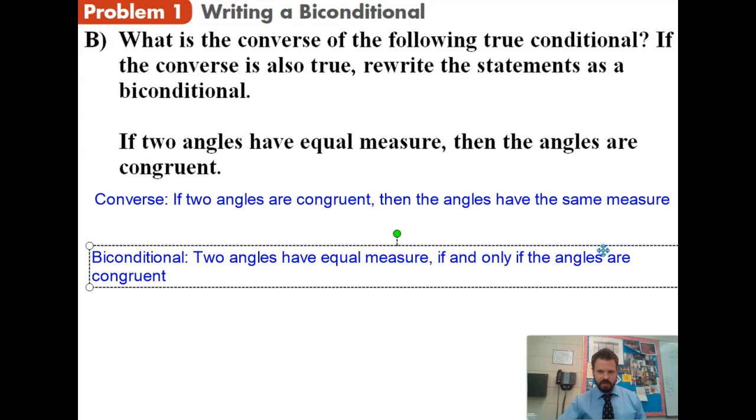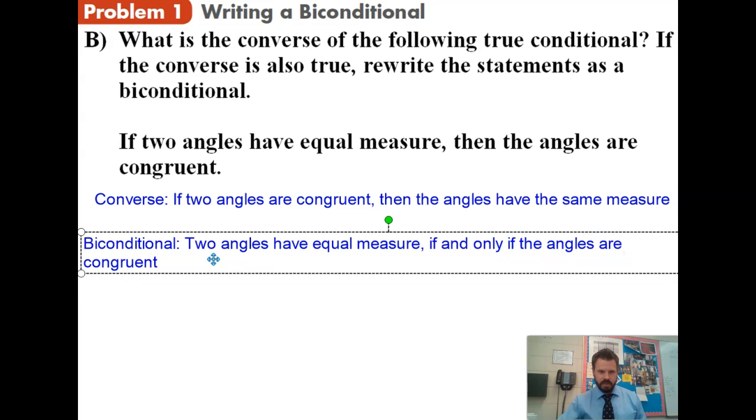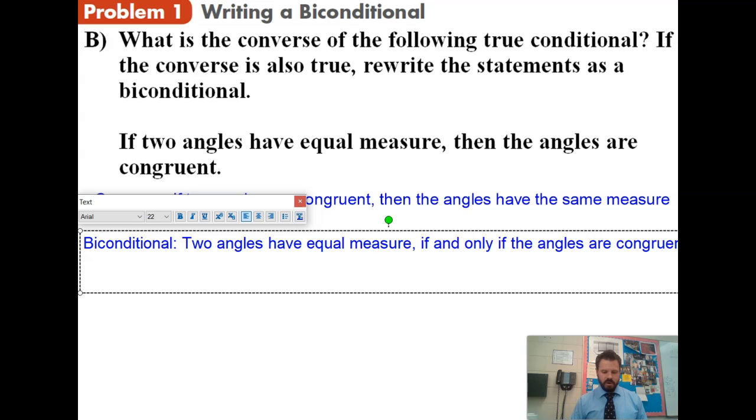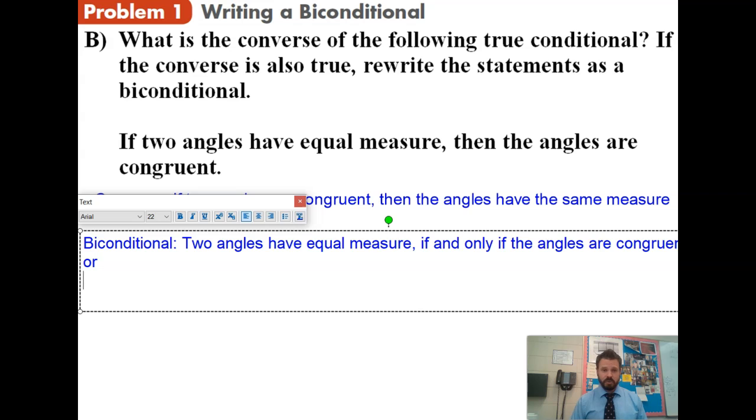That's one way I could write it. Or I could do the reverse order: two angles are congruent if and only if the angles have equal measure.